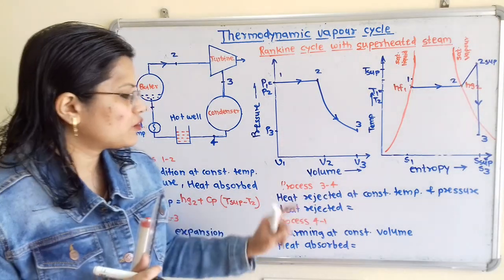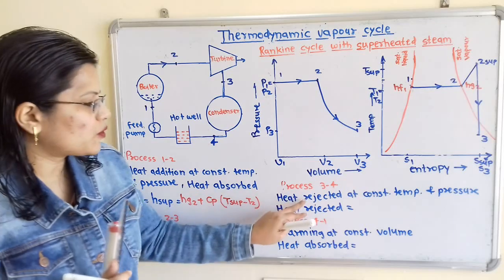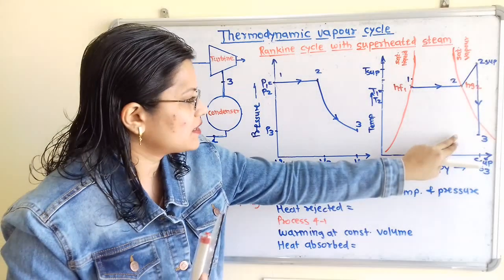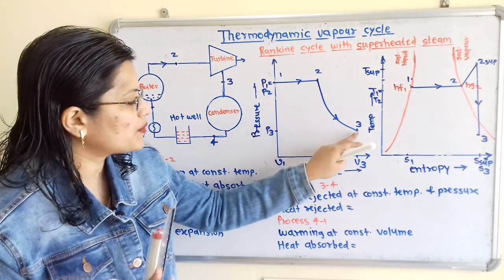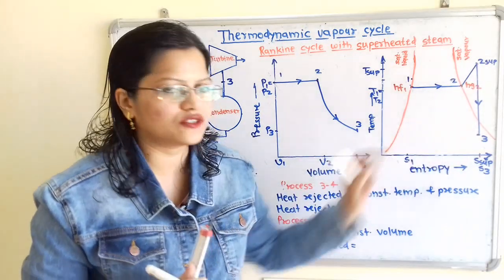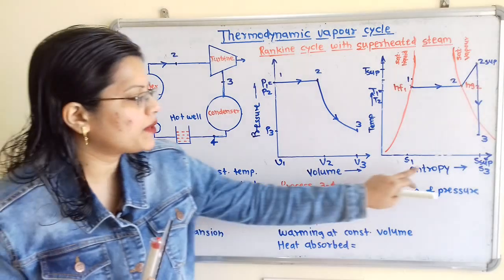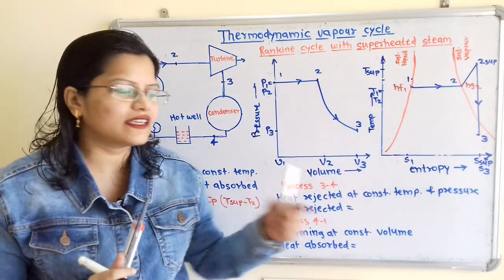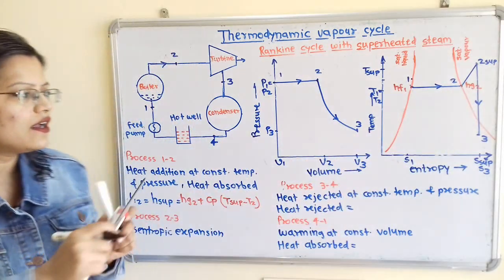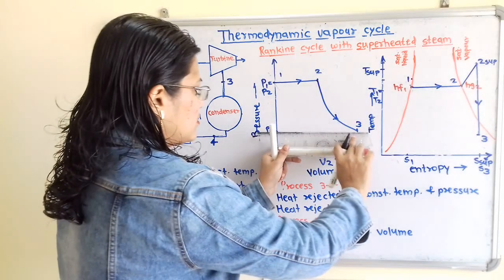Now we will show this, but this process is at constant temperature and constant pressure. So we have to show pressure constant as well as temperature constant. Now what is the effect of cooling on the volume and entropy? So volume is getting decreased and entropy is also getting decreased. So we will show here.